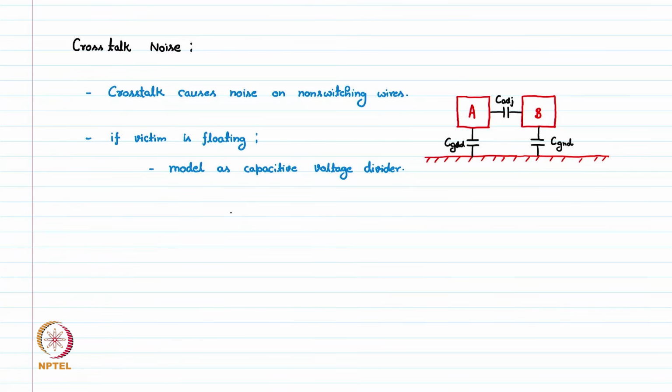We can draw the equivalent circuit like we have an aggressor, which is our wire A, which is switching at very high speed. Let's say this is our switching source which is causing this switching, and there is a delta V aggressor on this wire.